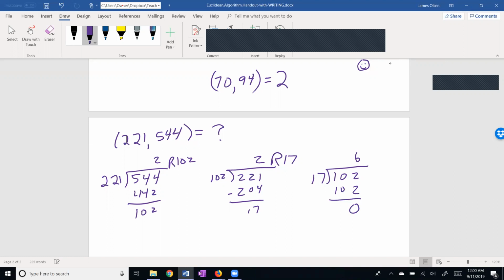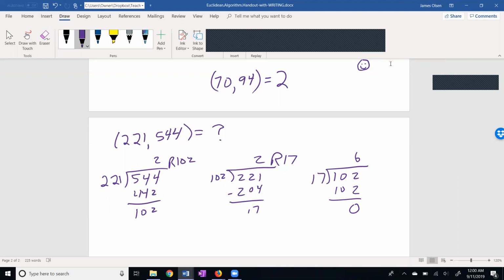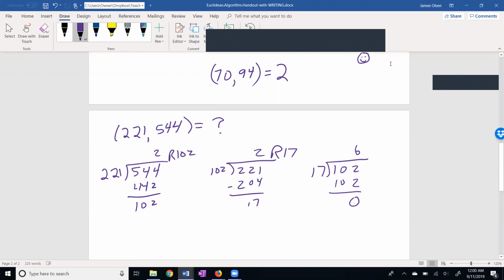Bada bing, bada boom. We are done. We got the GCD very quickly in this case. My conclusion is that the greatest common divisor of 221 and 544 is equal to 17.